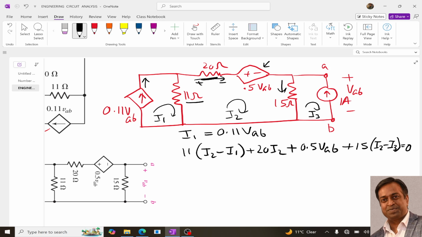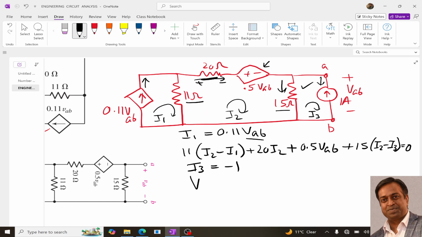For the third loop, this I3 is coming down, so it means I3 is equal to -1, right? And now over here we have one unknown, VAB, also. So VAB is the voltage across the 15 ohm, right?